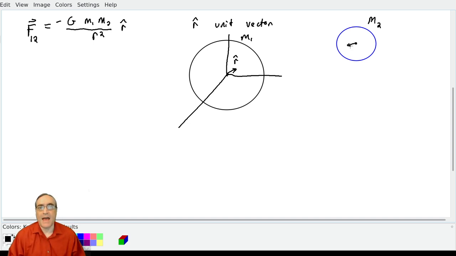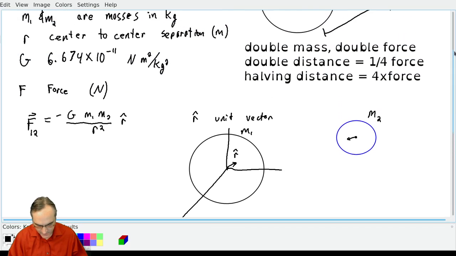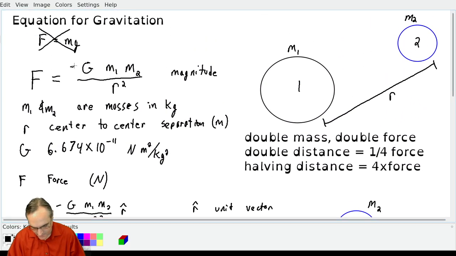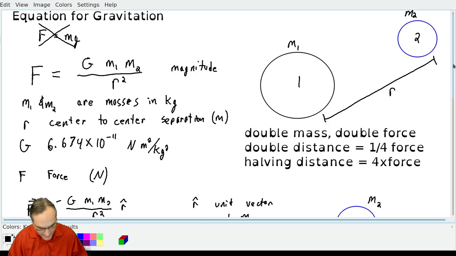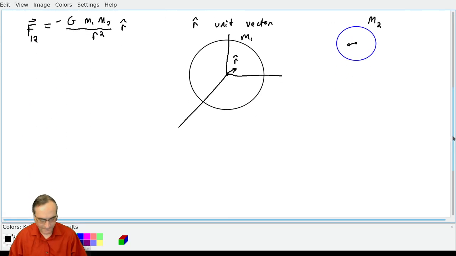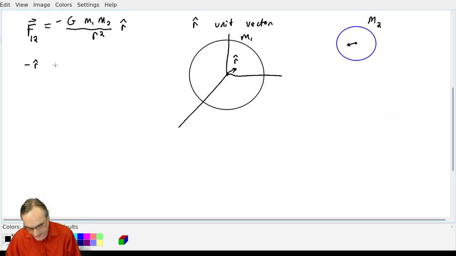Because it's acting back along the r hat direction, that's the reason why the minus sign is typically shown inside of the gravitation formula. Come to think of it, in my previous one, I really should have put a minus sign here, but we were just talking about magnitude, so we're okay. All right. So minus r hat indicates the direction.